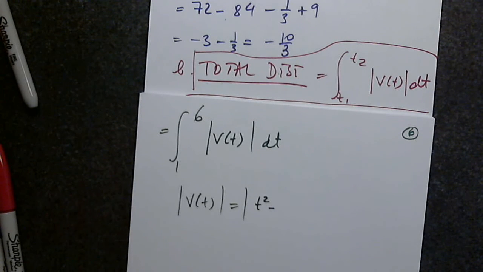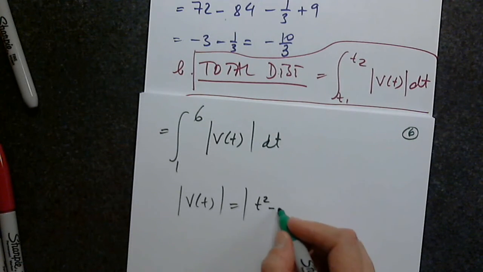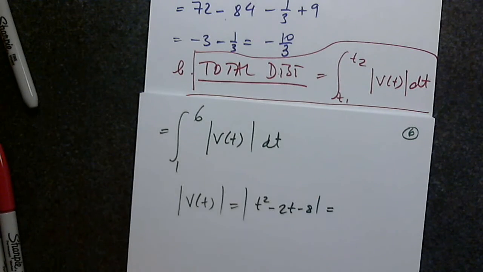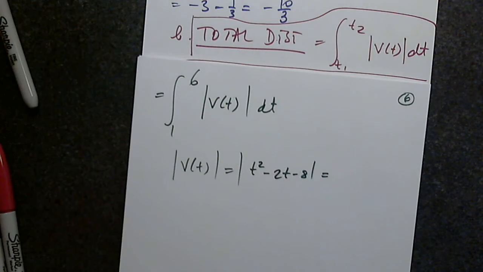It was t squared minus 2t minus 8, yeah. Okay, what are the options?